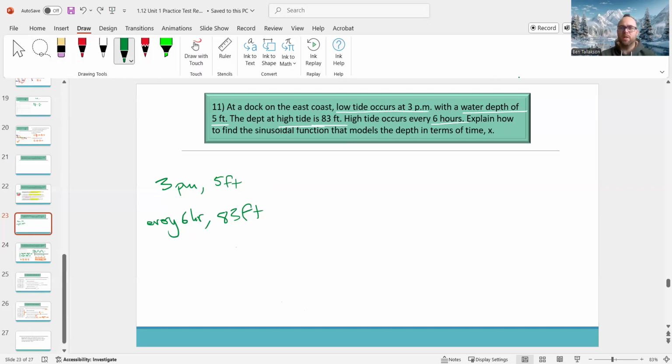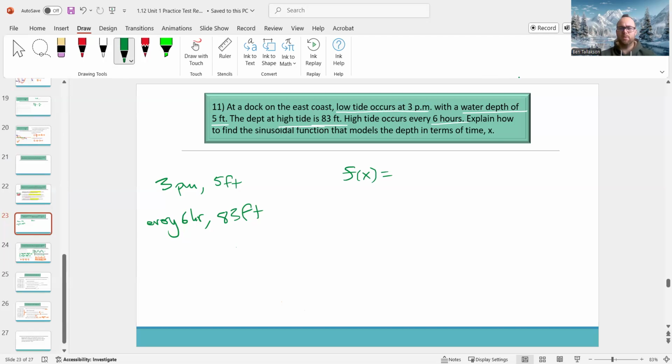They want us to explain how to find the sinusoidal function that models the depth in terms of time x. All that's really saying is you're going to have a function where x is your variable of time. Remember, for these sinusoidal graphs, which are sine or cosine, right? Sinusoidal functions doesn't mean just sine. It's sine and cosine.